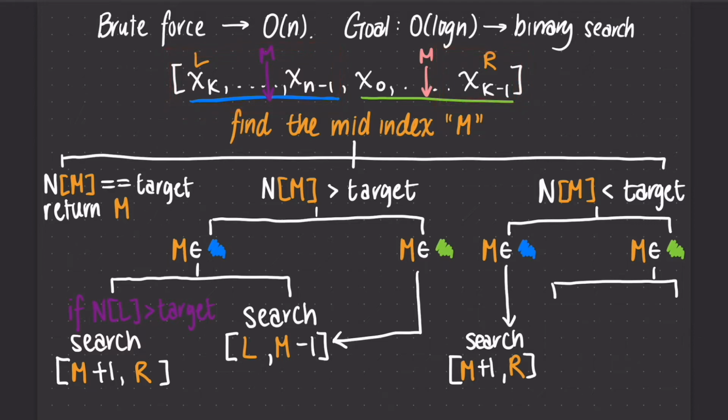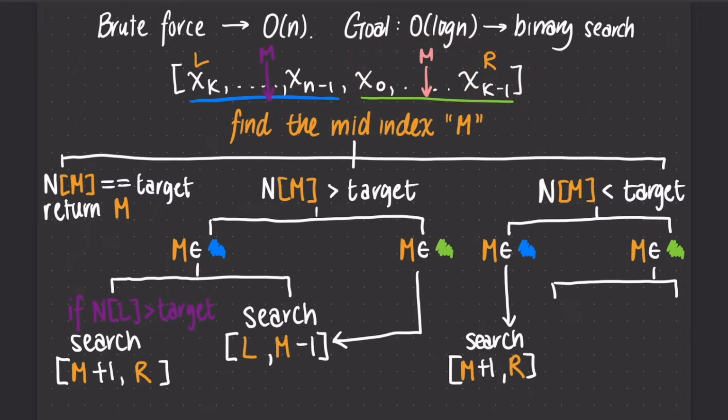one we search? Similar to this case right here, what we do is we compare the end pointers of the array. We search this portion if the target is less than or equal to the value here at the right pointer, since the right pointer holds the upper bound for all the values here in the green.